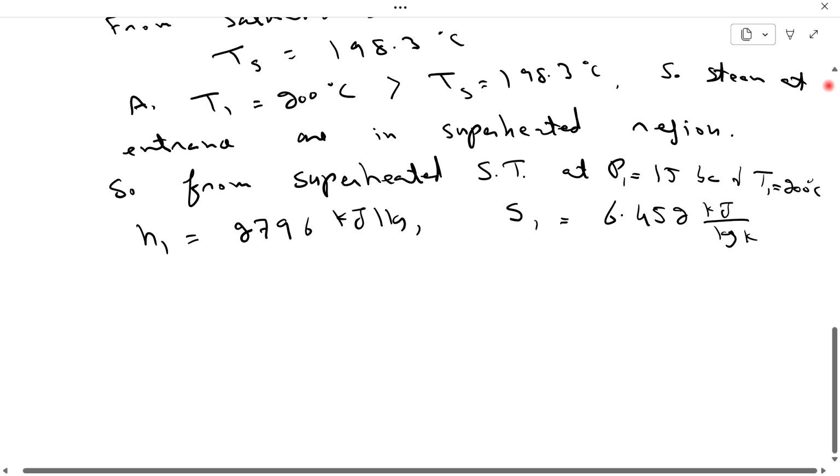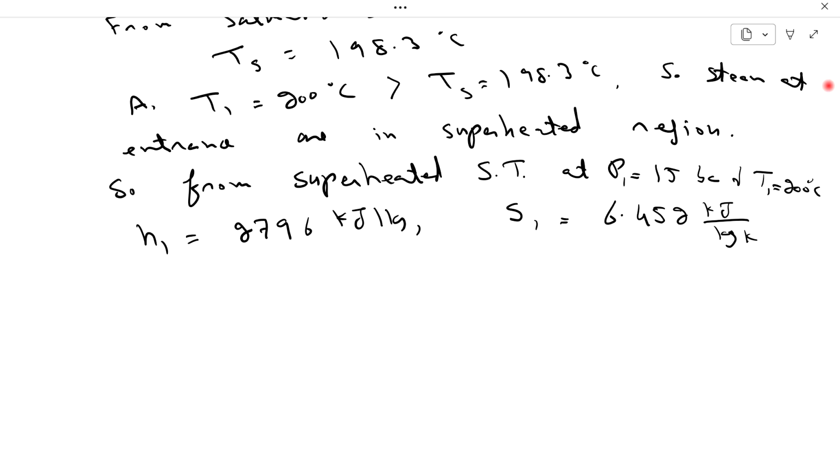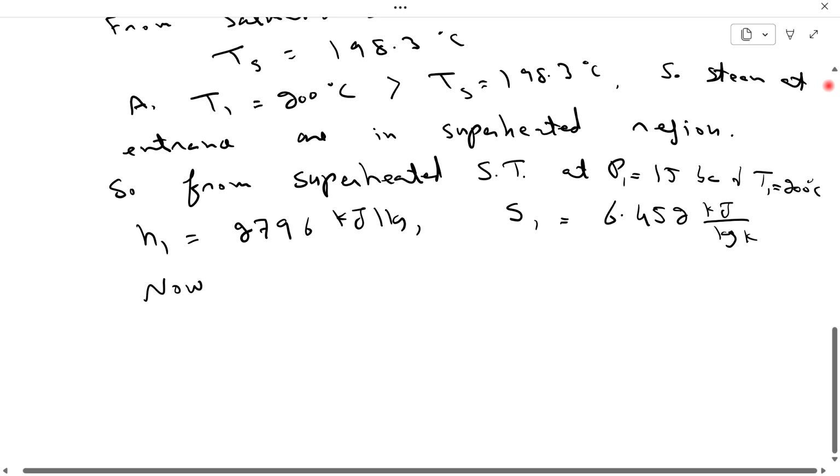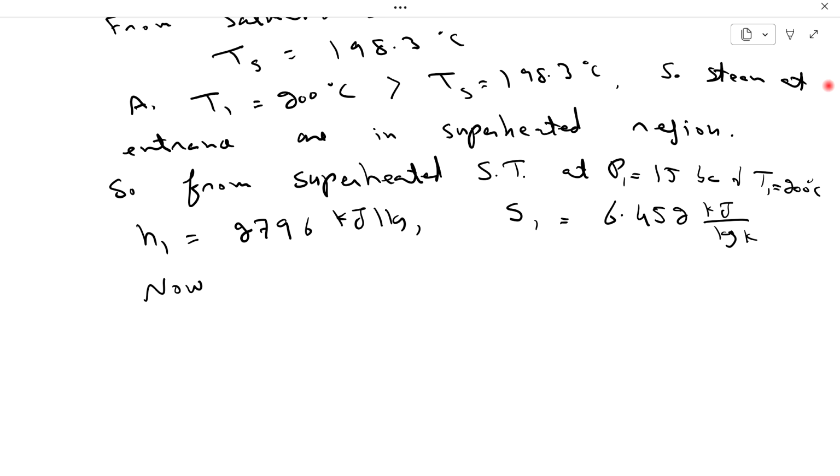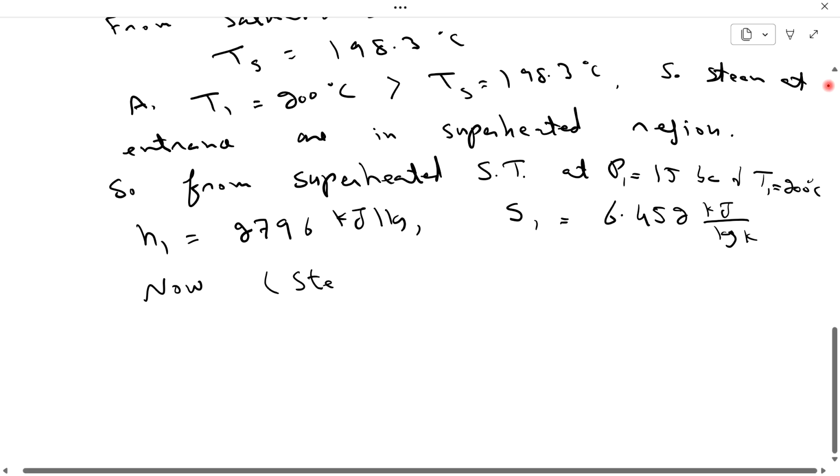Now we are going to find H2, H3 at the exit of the mixture. The mixture is main steam plus feed water.